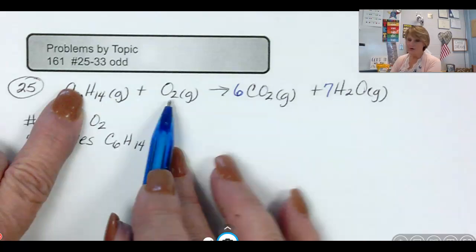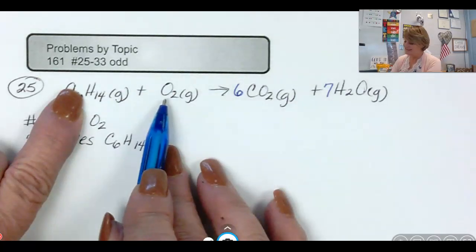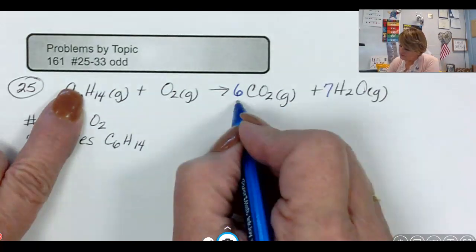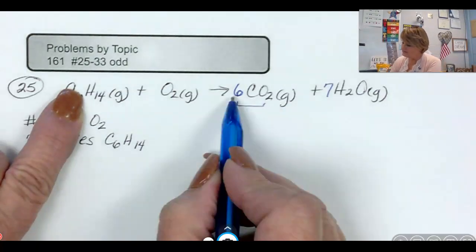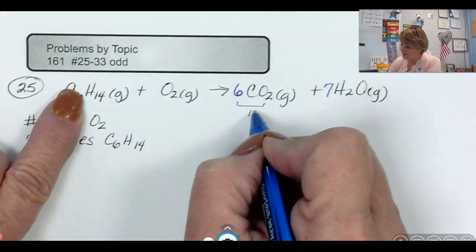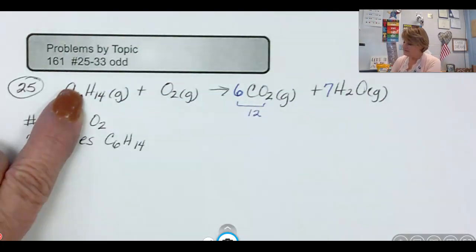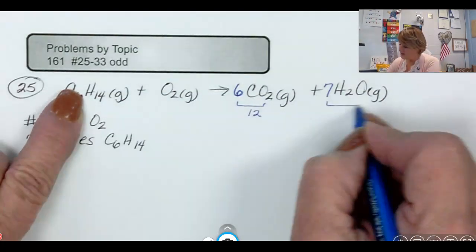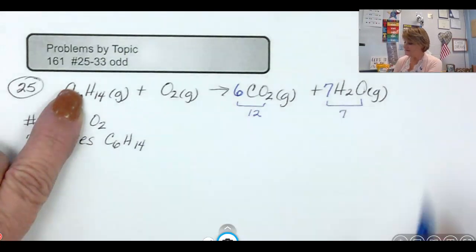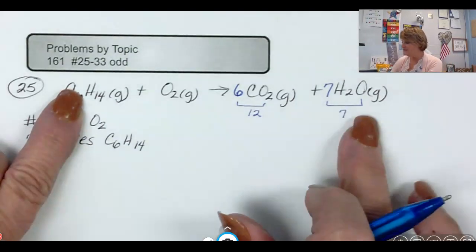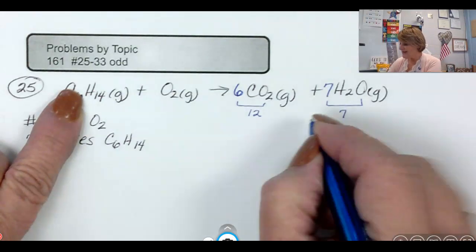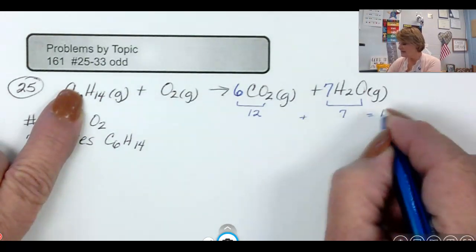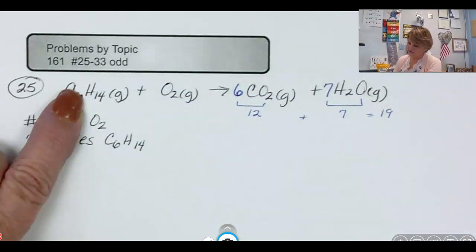And so it makes it very easy because my oxygen is all by itself. So when I do a count here, 6 times 2, that gives me 12 oxygens here. Don't forget to do your oxygens here. And I have 7 times 1 is 7. So when I put these two together, I actually have on this side 19 oxygens.